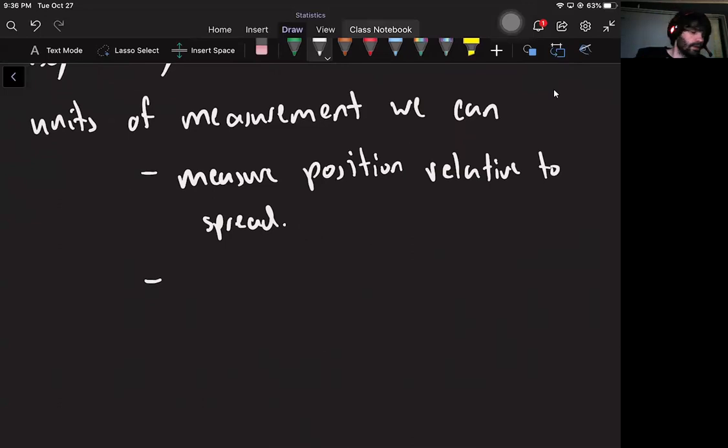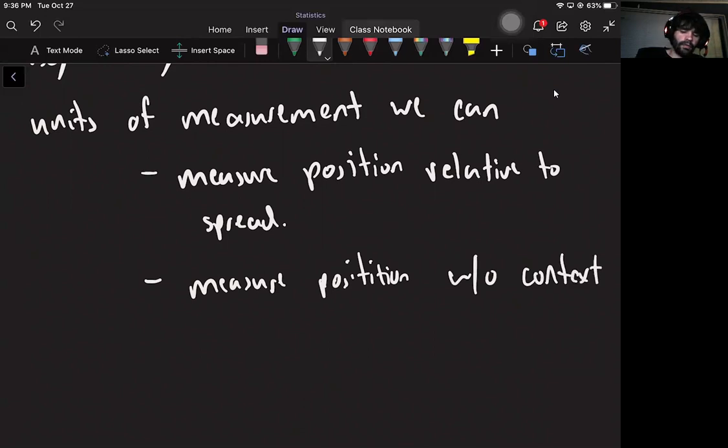That's what we saw last time. But more importantly, we can actually measure position without context of the specific data, because this is going to standardize things. So we'll see how that works with an example later.